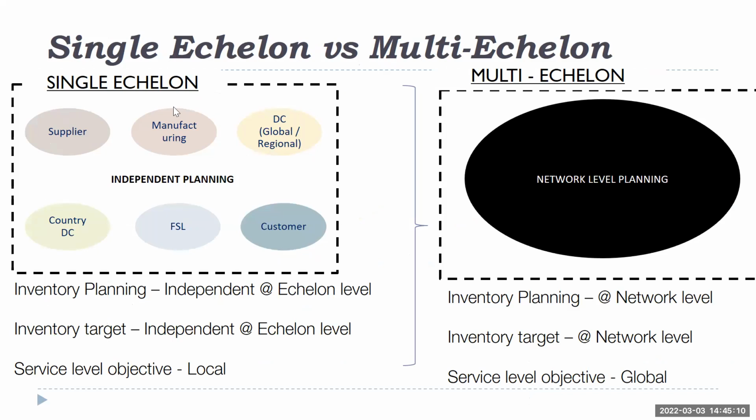So whatever we have discussed so far, we are just looking into a multi-echelon system where everything is integrated. So we assume that they have implemented an ERP system, and everybody is in line with the objective that they have to maximize the profit or reduce cost for the overall supply chain, right?